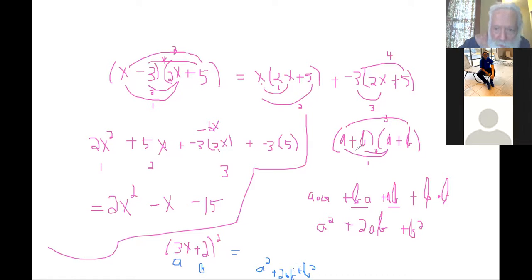Okay, so that's going to give me, I'll go back to that. I think I used this color. So a squared would be this squared. So 9x squared, or you can write it this way if you like, to start. And then you multiply these together and multiply that times 2. So it's 2 times 3x times 2.